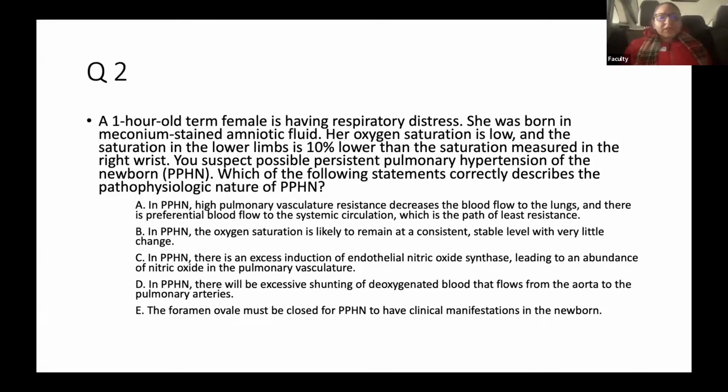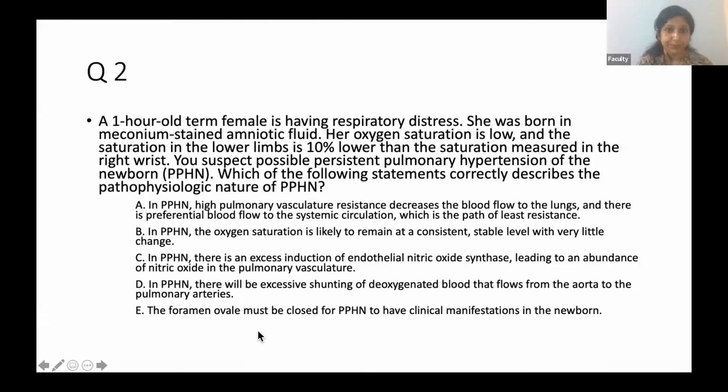And C, in PPHN, there is an excess induction of endothelial nitric oxide synthase, leading to an abundance of nitric oxide in the pulmonary vasculature. D, in PPHN, there will be excessive shunting of deoxygenated blood that flows from the aorta to the pulmonary arteries. Or E, the foramen ovale must be closed for PPHN to have clinical manifestation in the newborn. And A.